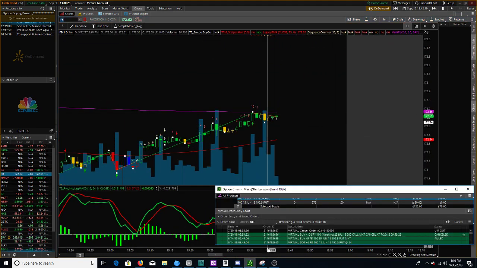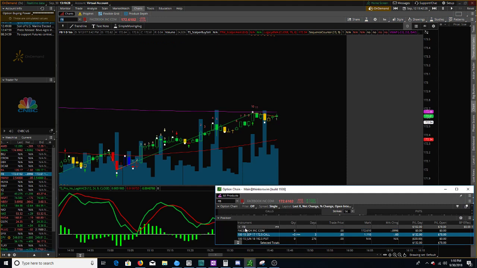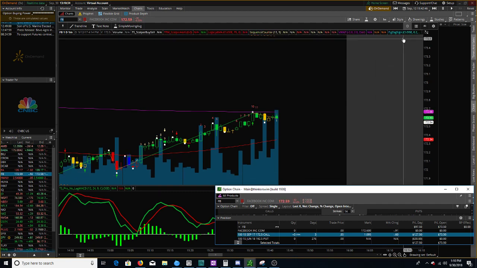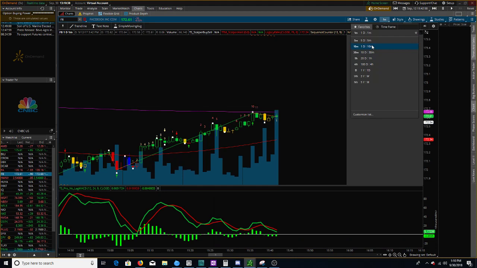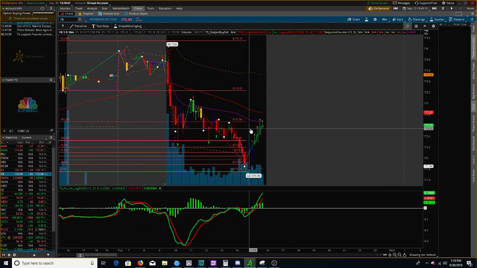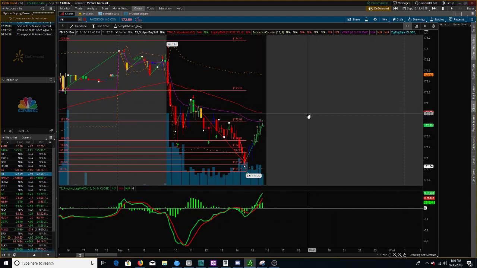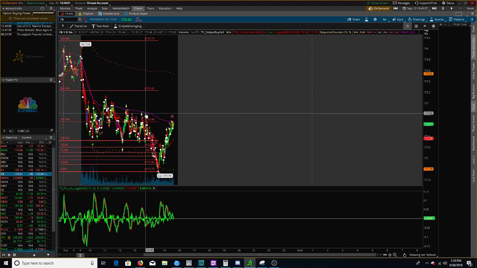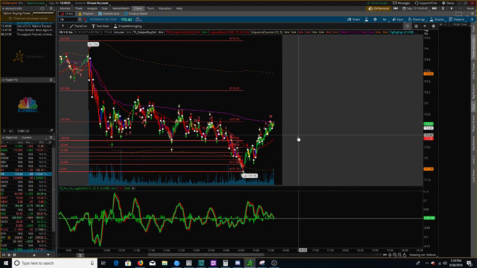Let's see what I got the remainder at. New 10-minute candle, so let's see where we're at on that. Oh yeah, definitely holding. I'll make 172.83 my target. 172.83. Boom.